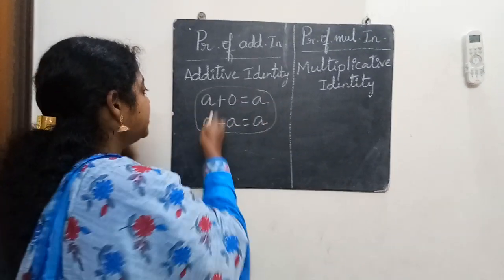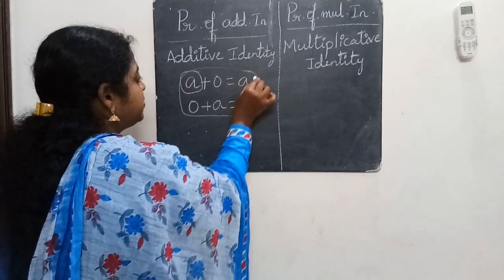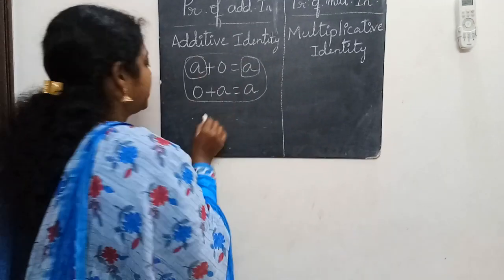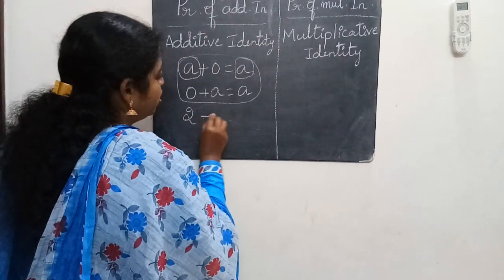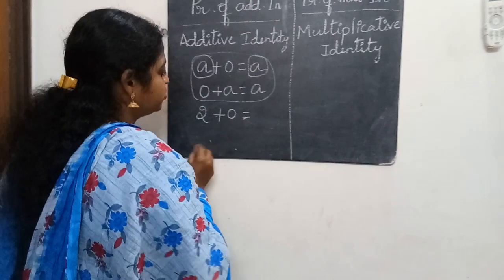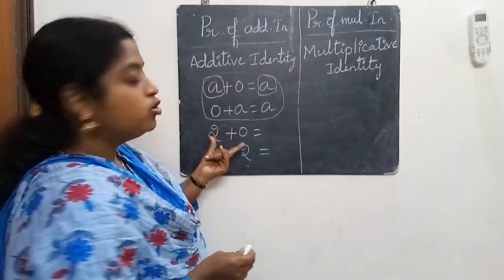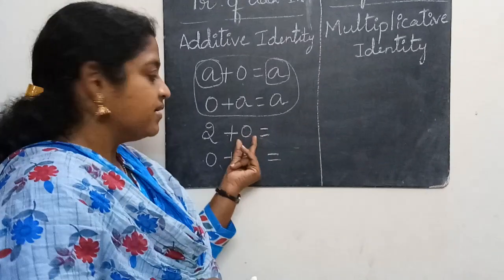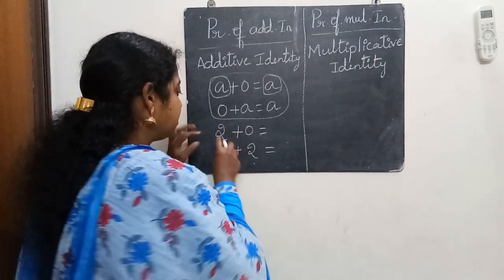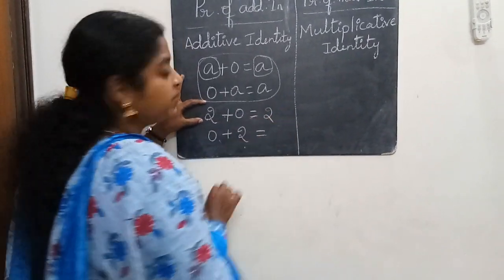The ID means this number should come the same as it is. For example, in A's place I will take 2. 2 plus 0 is equal to, and 0 plus 2 is equal to, what is the answer, children? 2 plus 0. You are adding nothing. 0 means nothing. So the answer will be the same number, the same integer.